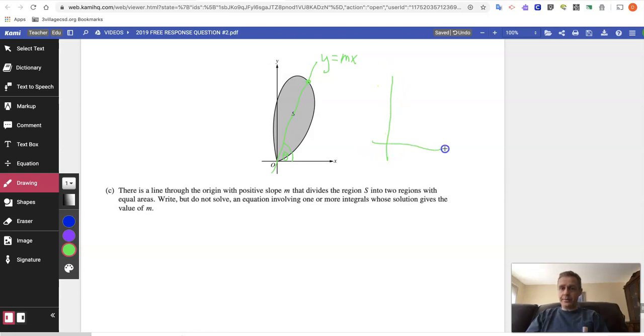I'm going to redraw what we have here, but I'm just going to draw the line y equals mx, and this is our xy coordinate plane. And I'm going to look at this line in a little bit more detail, because if we look at any point on this line, well, let's go to this point here, it's going to have coordinates x comma y. And if we drop a perpendicular from that point on the line to the x-axis, we form our right triangle.